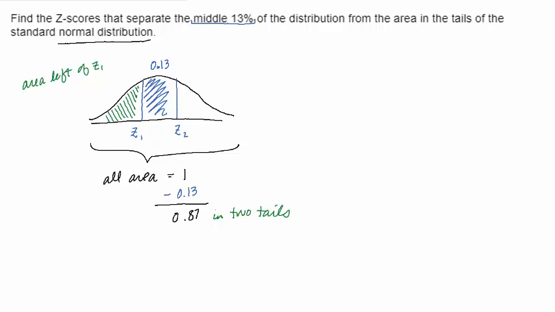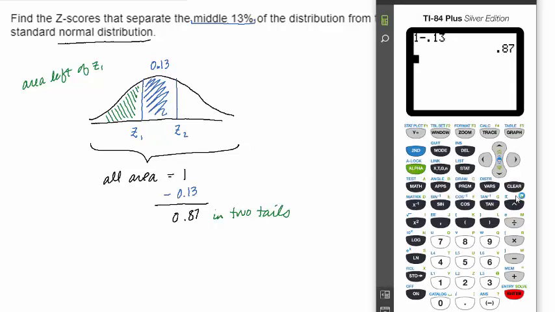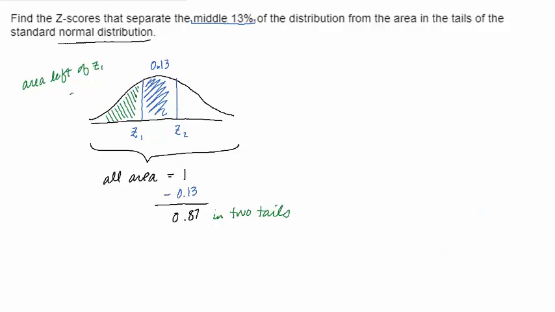Taking that number and dividing it by 2, we get 0.435. That is the area to the left of z1, because the total area is 1 minus the area in the middle, and then divided by 2 for the symmetry, the two areas.